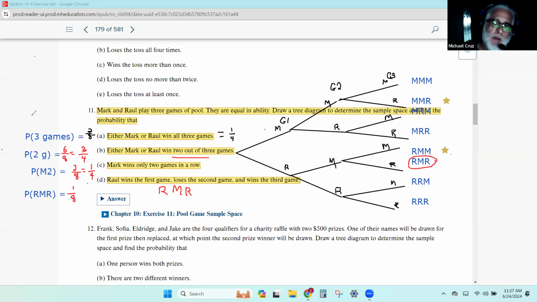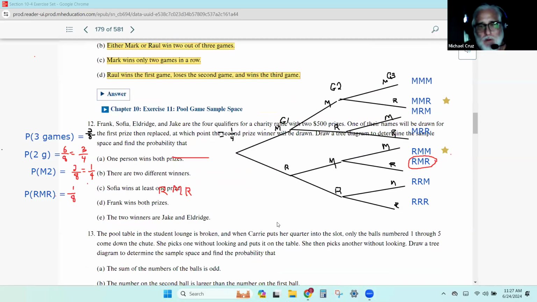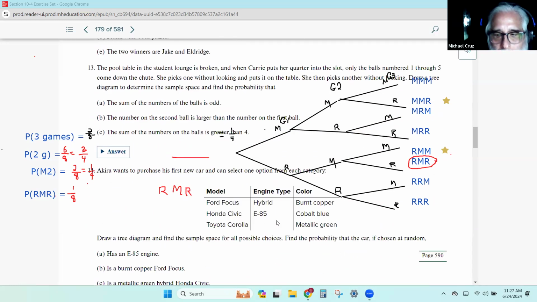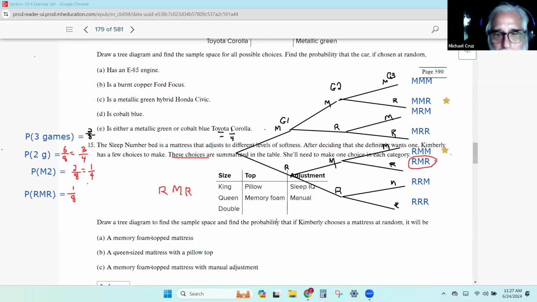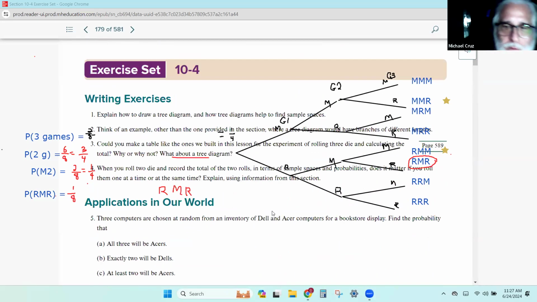All right, let me try one more. I'll see how you're doing with your little assignment. I want to do one that's got something other than just 2, 2, 2.